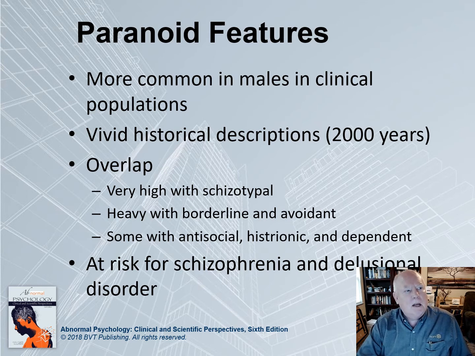That's the comorbidity problem that I talked about earlier. There may be some risk for schizophrenia and for delusional disorder, which we'll talk about in the chapter on schizophrenia. The risk for schizophrenia, though, tends not to be terribly high unless the person with paranoid personality disorder also qualifies for schizotypal personality disorder.